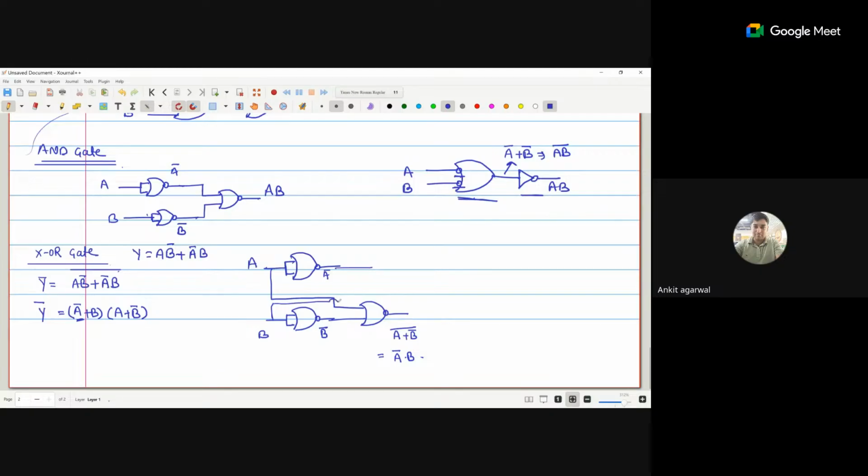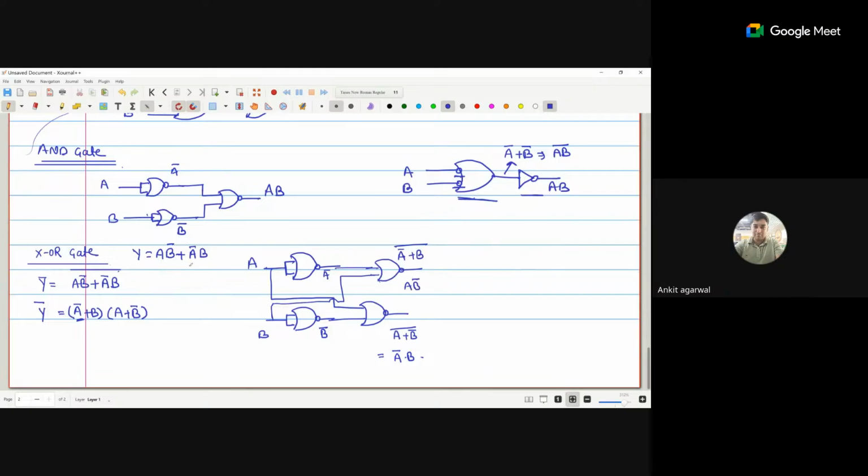Similarly, if I implement A bar plus B whole bar, that is A B bar.